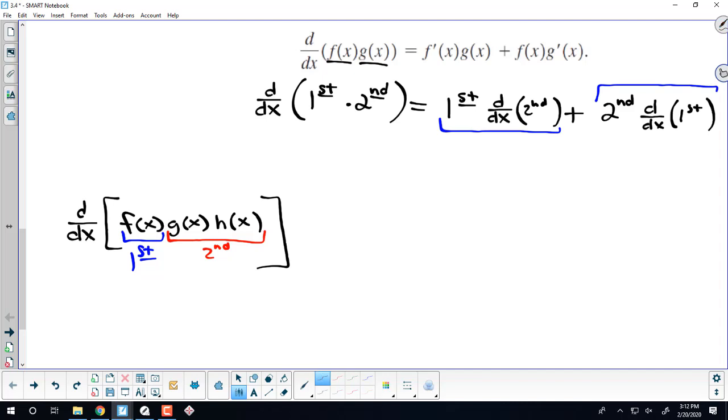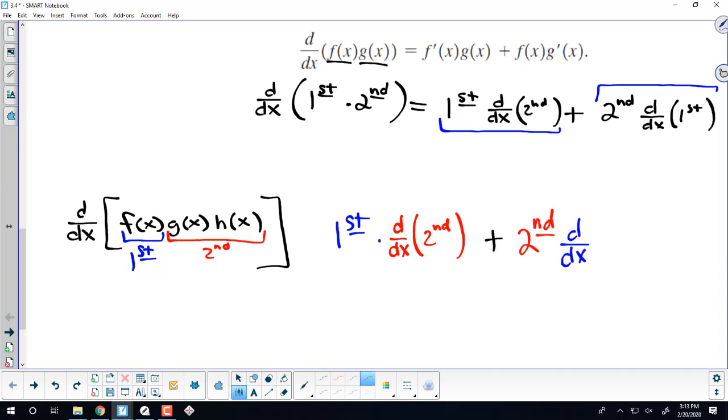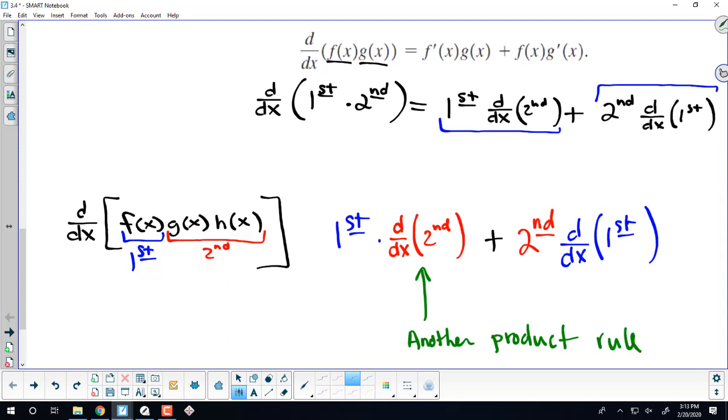So the derivative of three things is still the first times the derivative of the second, plus the second times the derivative of the first. But here you have another product rule. So from that you would also get two terms, right? First times derivative of the second, second times derivative of the first.